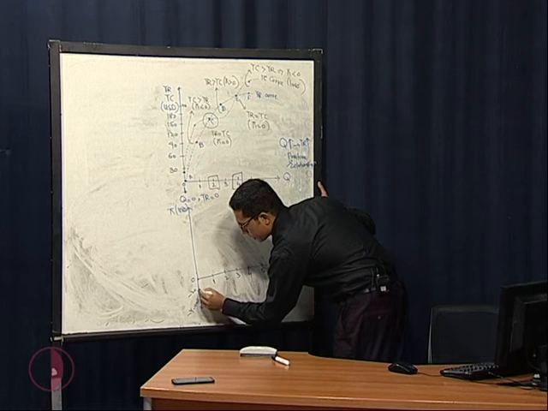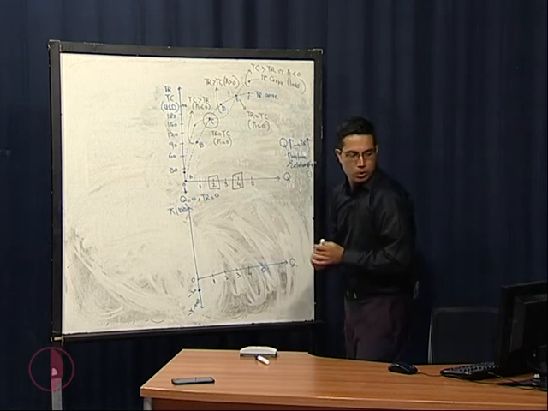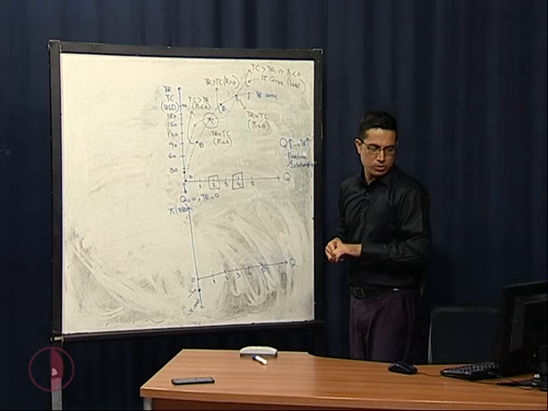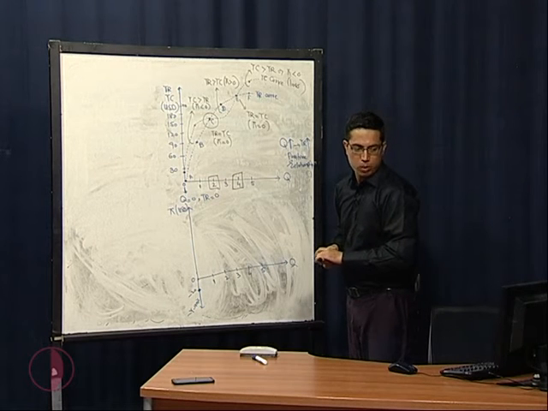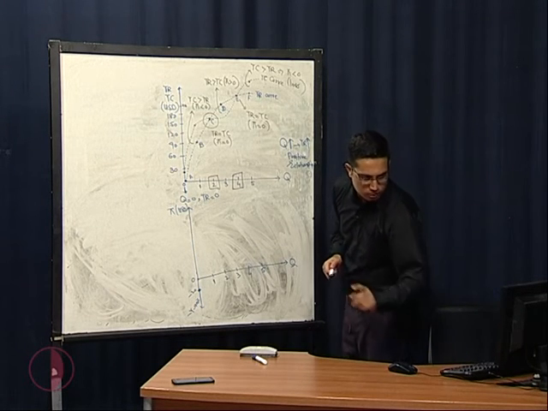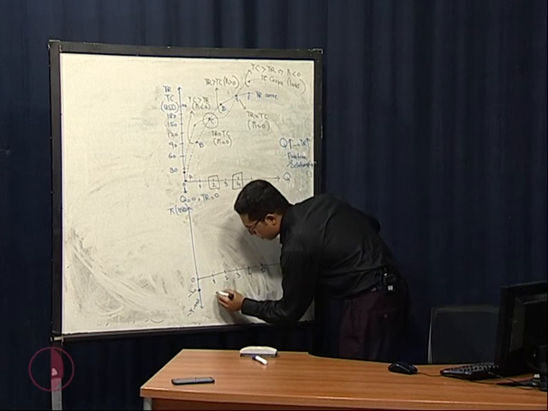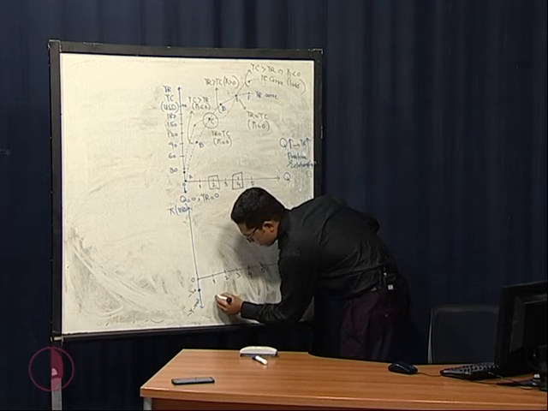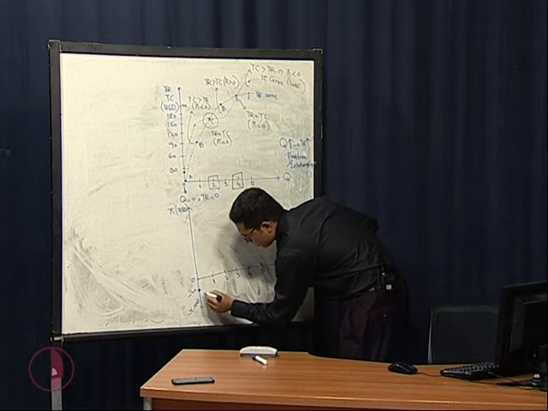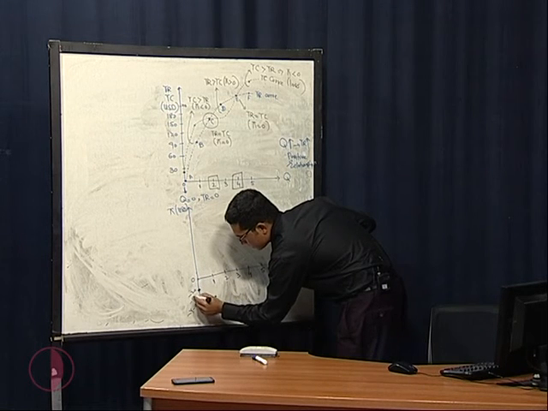So this is the starting point. When output was 1, profit was minus 50. It may be here. Minus 50 is here.